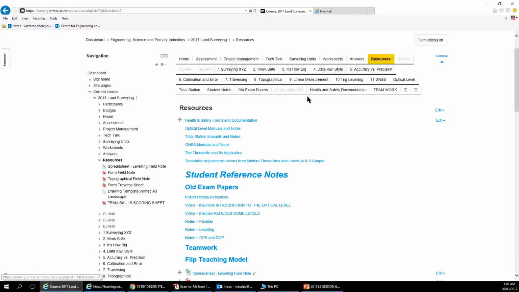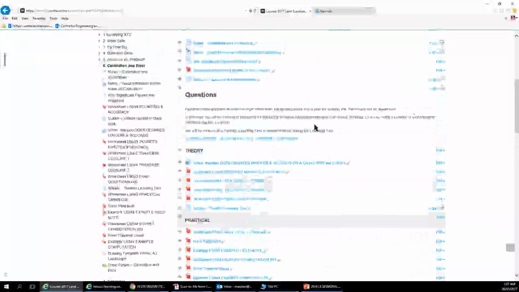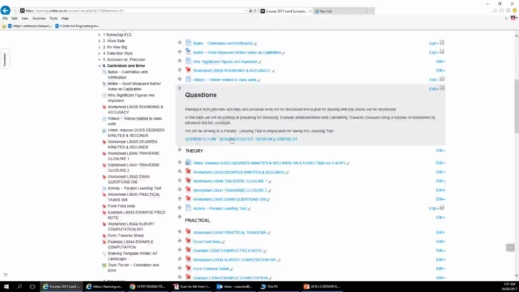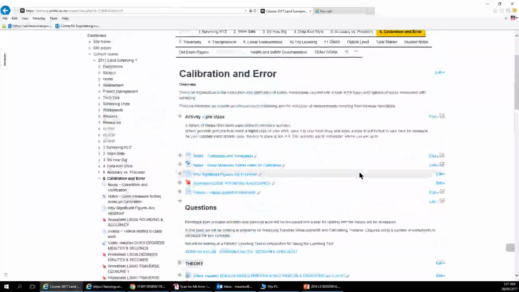So let's have a look at calibration and error here, just as a bit of an overview of what's going on. So here it's coming up. I've got the plan, the session notes, and the checklist. You'll see in here I've got quite a lot of videos and background material, and it's really worthwhile reading all of that stuff. It's mostly reading.